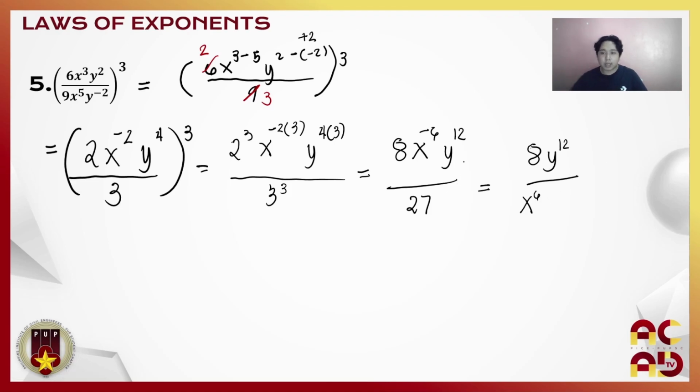Or pwede nating gawin na unahin muna natin yung constant, 27. Okay? Ito. So, 27. Then, x raised to 6. So, yan na yung answer natin for sample problem number 5. So, box natin.